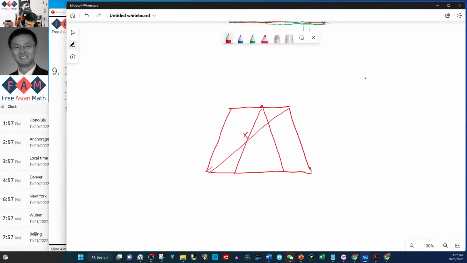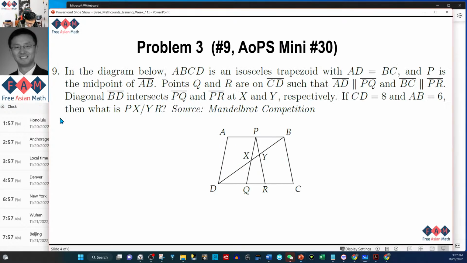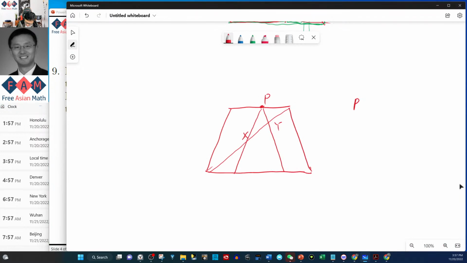I believe this is called X, this is Y. Now, we want to know, what is the other one? Oh, QR. Okay, QR. This is A, B, C, D. So we want to know the ratio PX and YR, I believe.